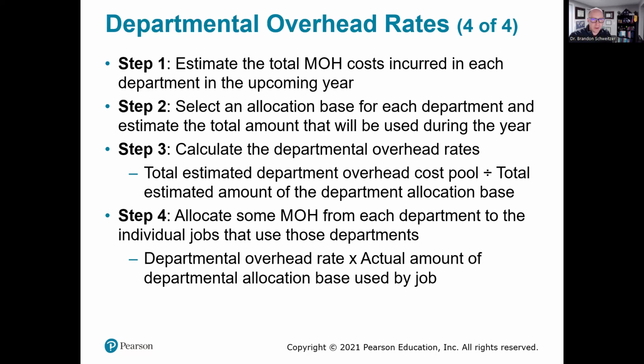The fourth step is we're going to allocate some manufacturing overhead from each department to the individual jobs that use those departments. So in this case, we're going to take the department overhead rate that we got from step three, and we're going to multiply that by the actual allocation base, for example, direct labor hours. So those are the four steps we take in order to calculate the department overhead rate.